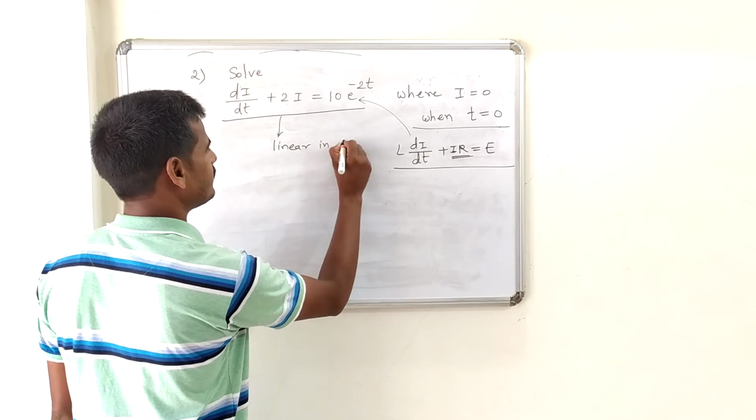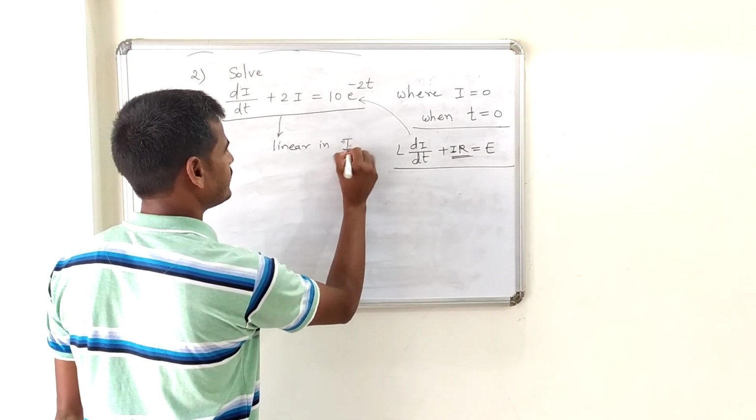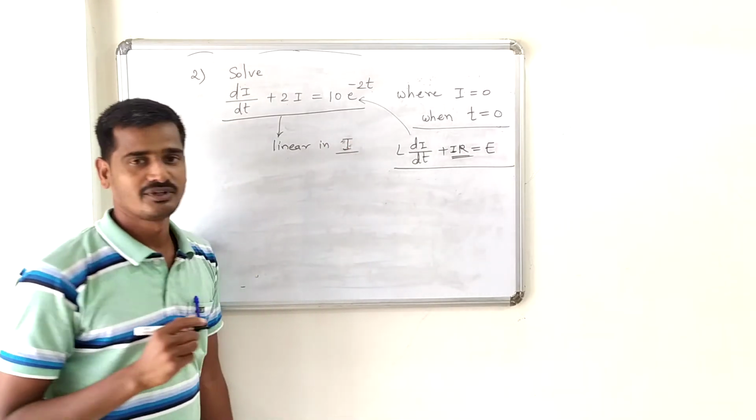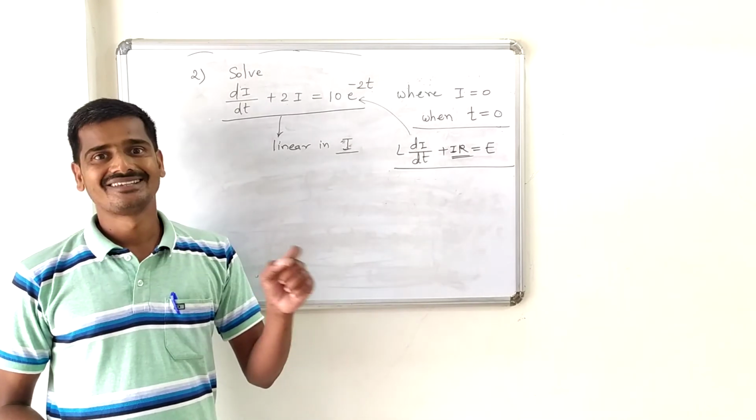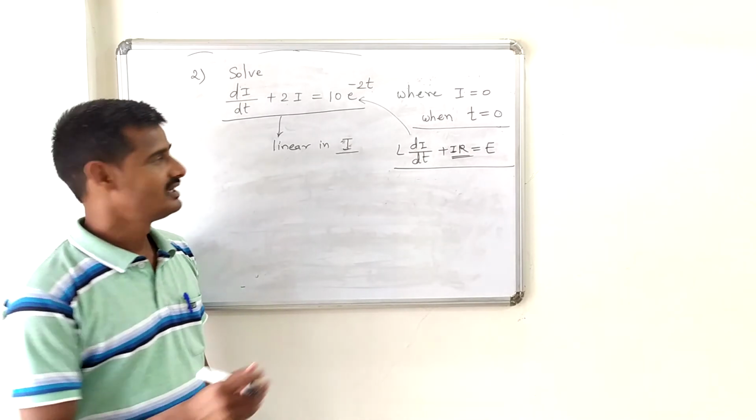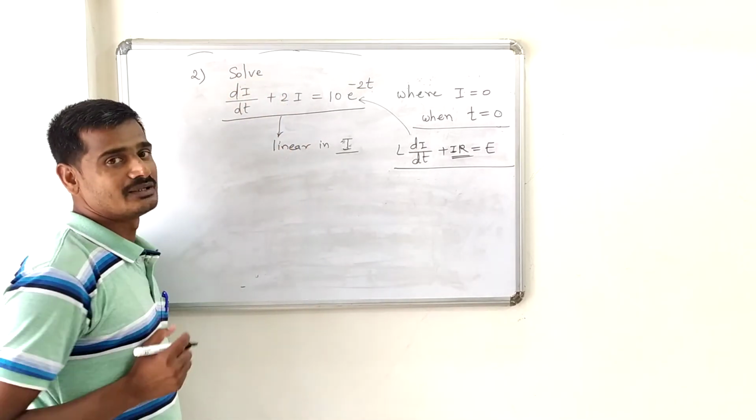Looking at this differential equation, we can say that it is linear in I. Now please take care of variables, because we are habituated to y being the dependent variable and x the independent variable, but here I is dependent and t is independent.